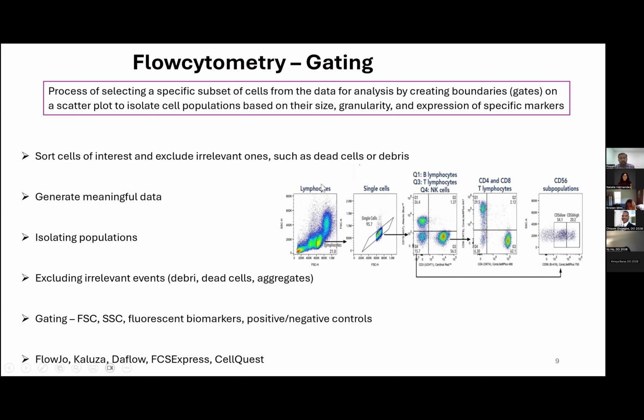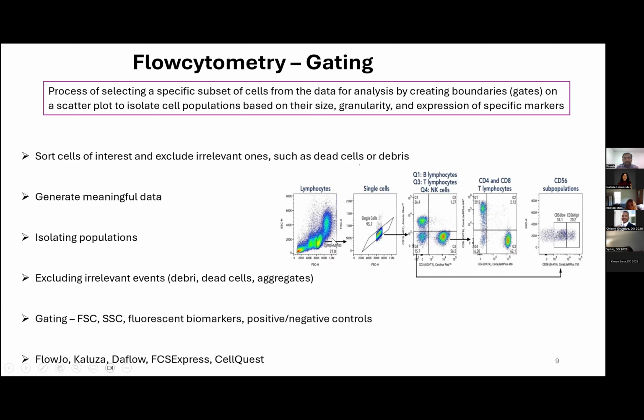Okay, so another important avenue to look into is gating. Gating is simply the process of selecting a specific subset of cells. For example, if you see this figure, this is the same figure as I mentioned before. You can see the debris here, you can see the lymphocytes here, you can see the monocytes here.